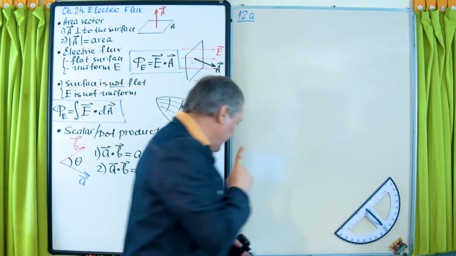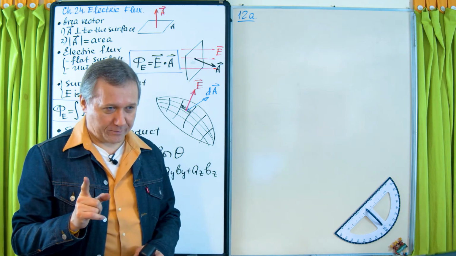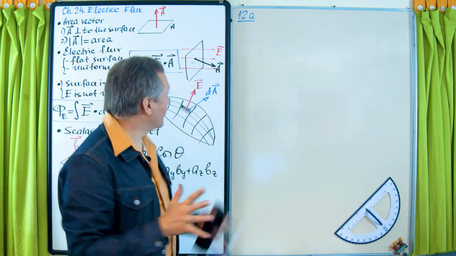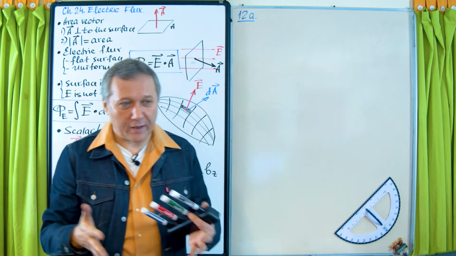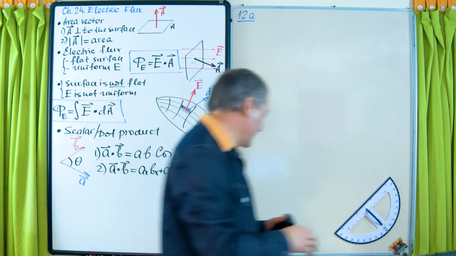So in this problem, let me start with drawing a coordinate system first, because we know that the surface lies in the xy plane. In order to draw it properly, we need to introduce coordinate system immediately.